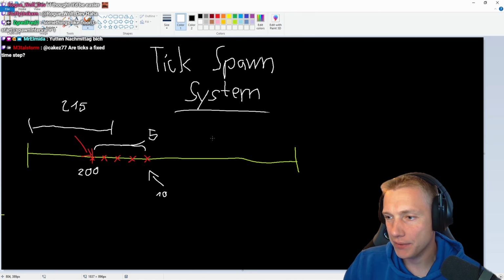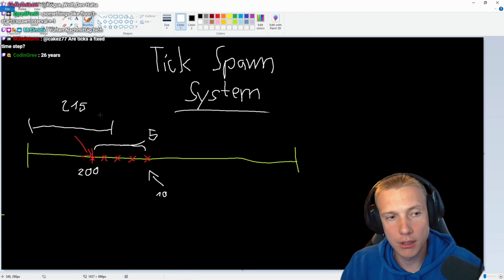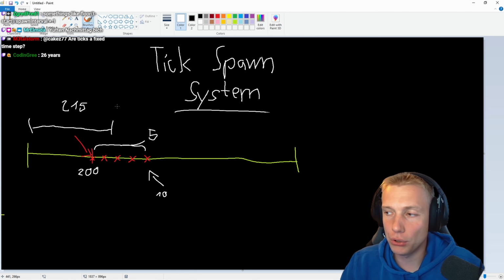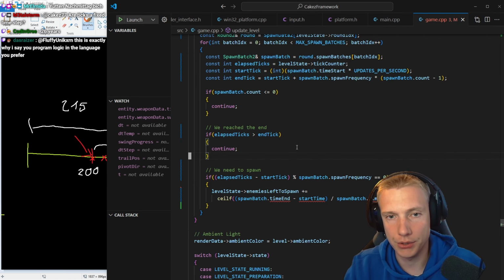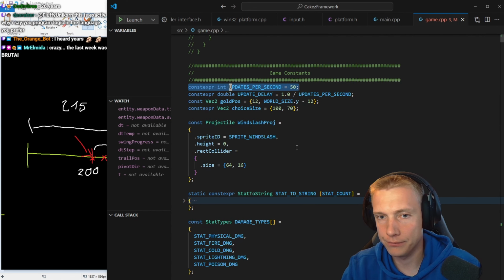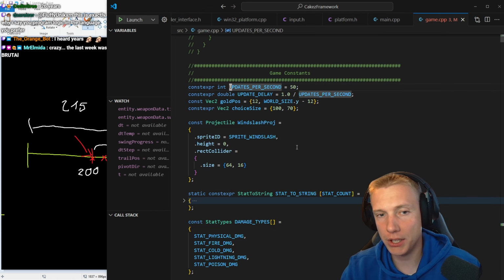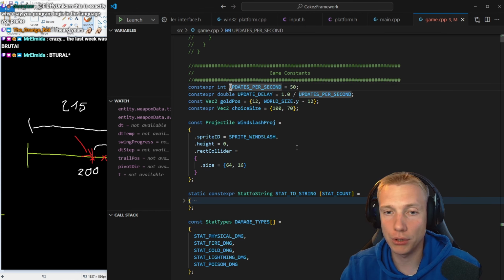Are the ticks a timestamp? A fixed timestamp? Yes. Every tick here is 0.02 seconds. The ticks are this, essentially. I'm going to work with 50 ticks per second from now on, and I'm not going to change it.